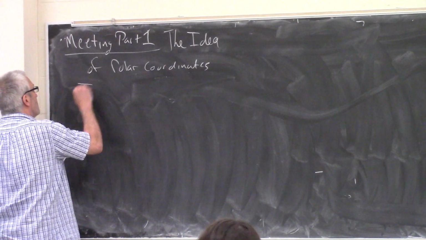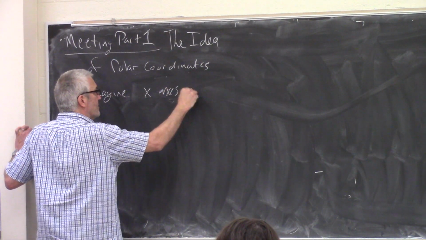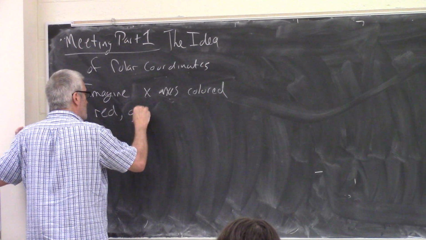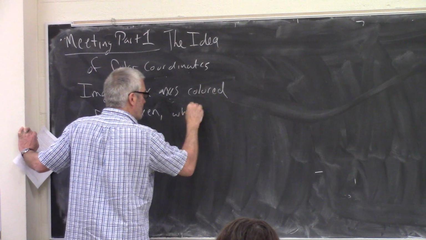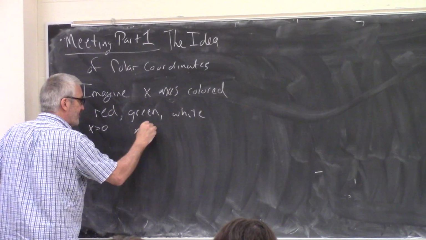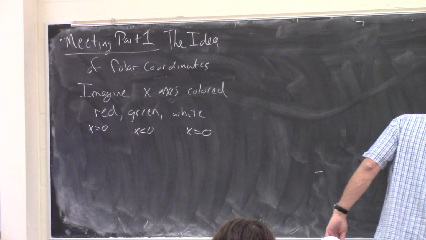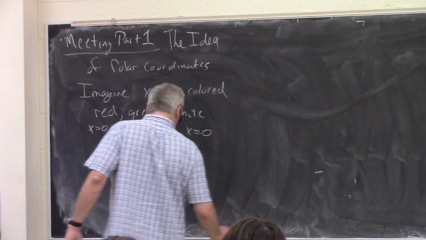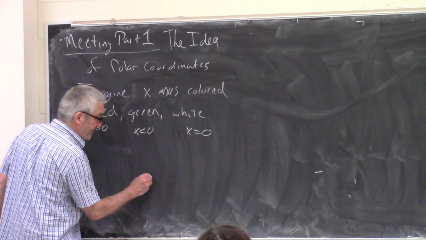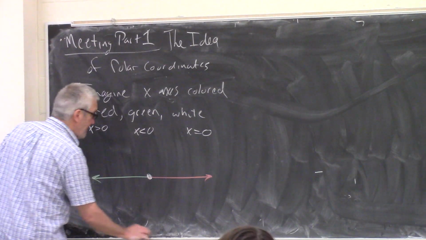So red would be x greater than 0, green would be x less than 0, and white would be x equals 0. So here's the origin, and then we have the positive x-axis going out this way, and we have the negative x-axis going out this way.